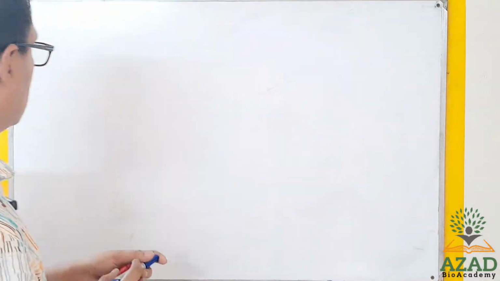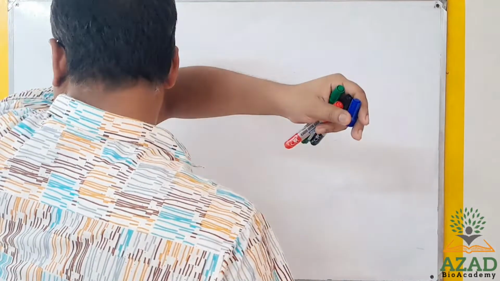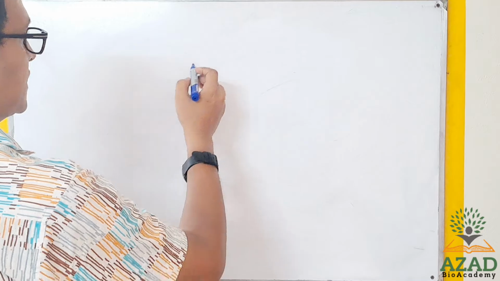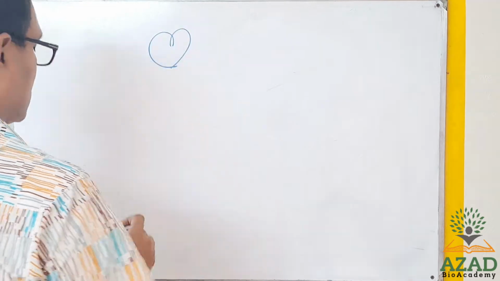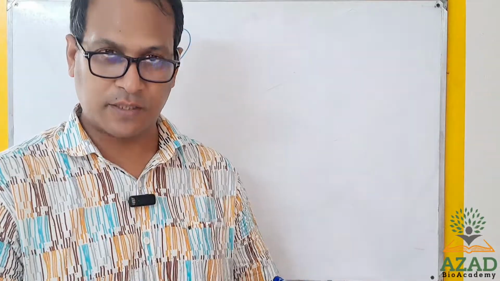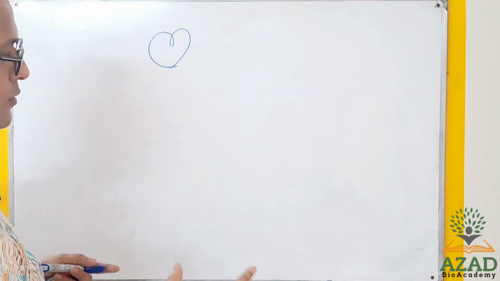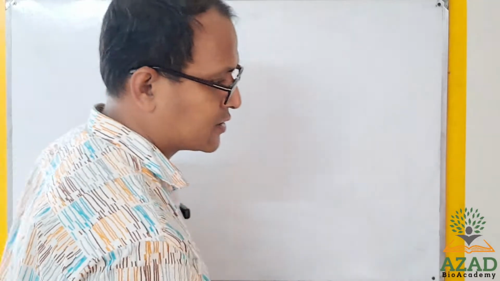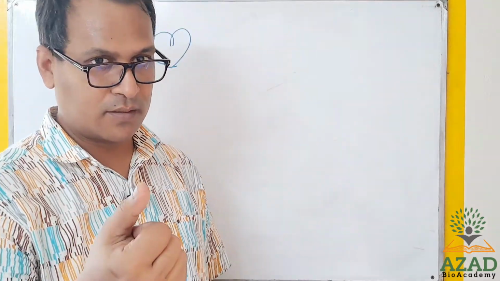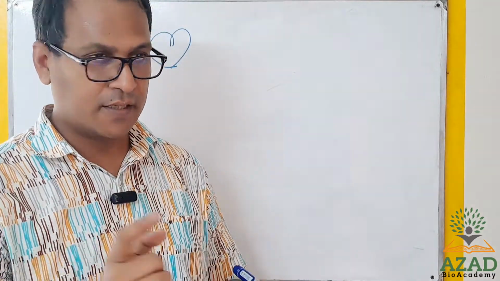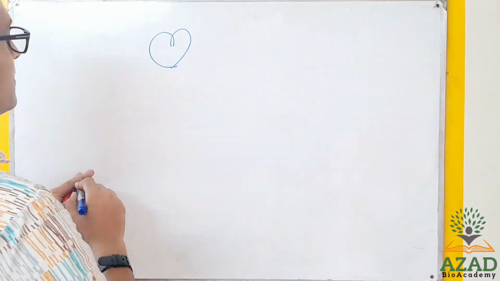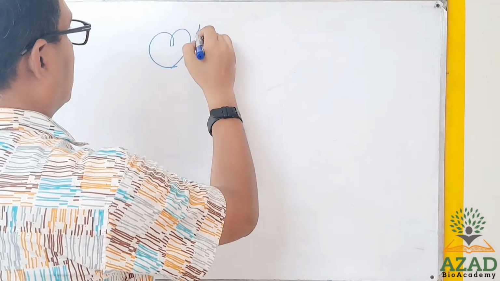Okay, so now I will discuss about another organ, that is your heart. So when you will do exercise, your heart function should be increased. So already I said most of the areas, the most stimulatory receptor is alpha 1, but exception is heart and kidney. So heart mostly carry beta 1.